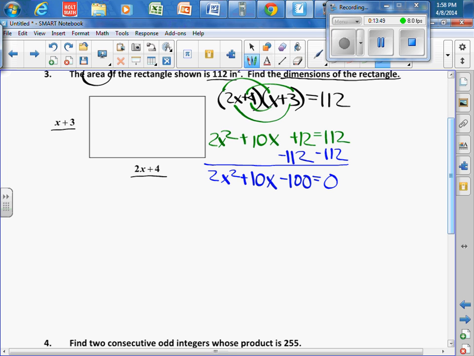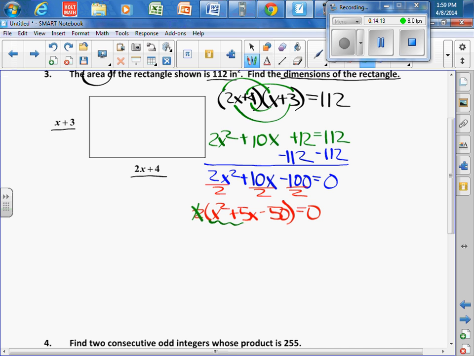Let's see if we can factor out that 2, and most surely we can here. So I'm going to have 2 times the quantity x squared plus 5x minus 50 equals 0. Well, as we've discovered earlier, we can throw out that 2 because it'll never be equal to 0. So the 2 gets eliminated.